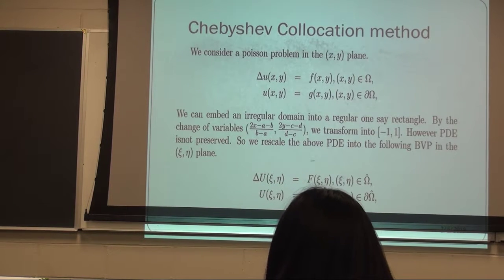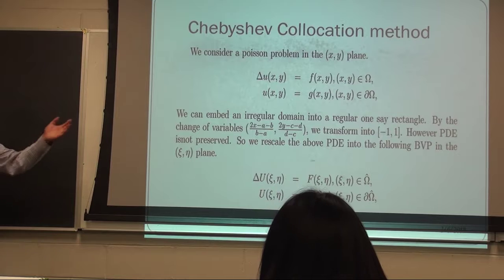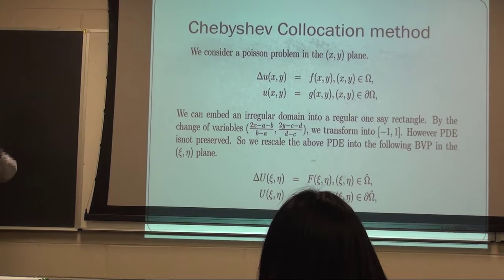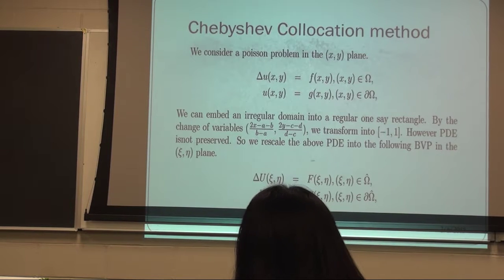Chebyshev polynomials are defined only on -1 to 1, so we have to rescale the domain. This is how we rescale, and I think this is very common when you put it in -1 to 1. That's how you rescale the domain.